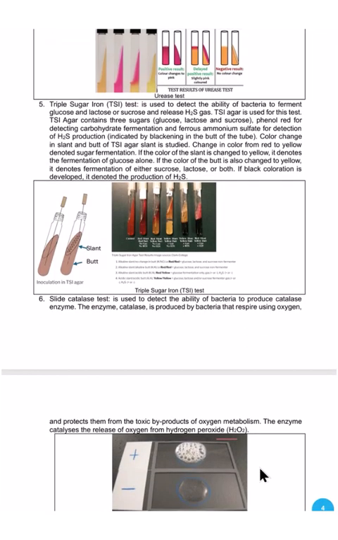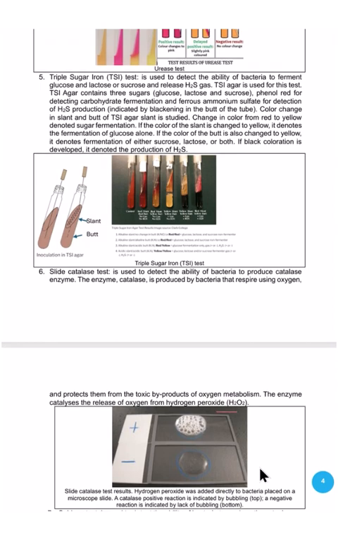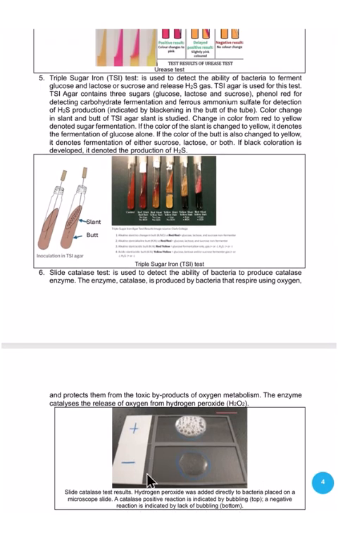We call it a slide test because we take a glass slide, and put a loop or part of the bacterial cells on the slide, and then we add the chemical hydrogen peroxide.